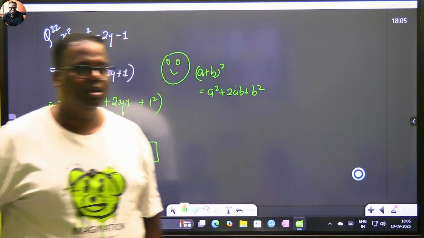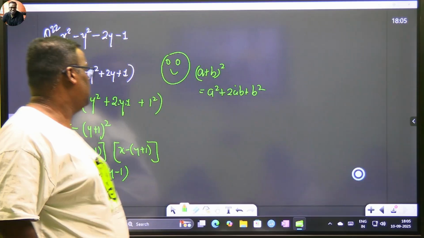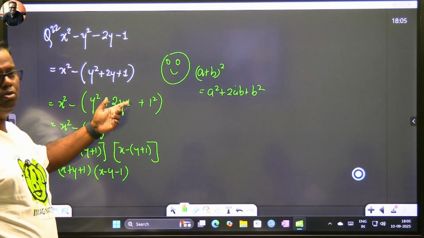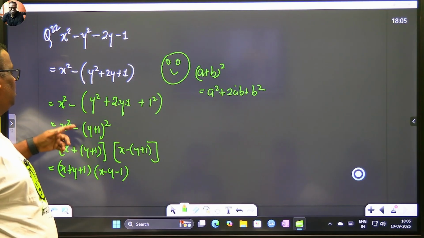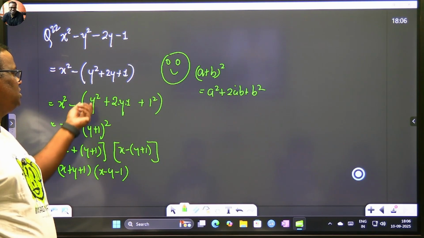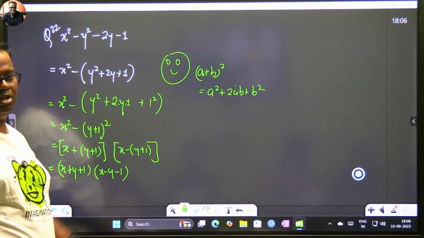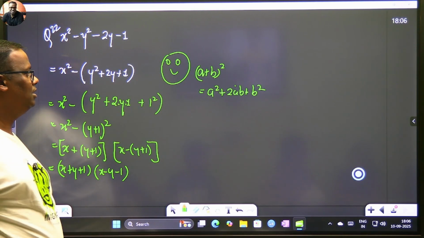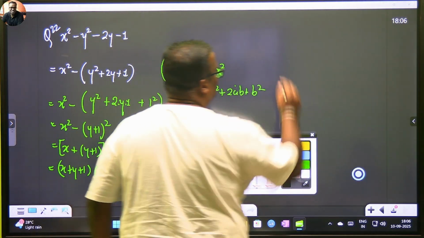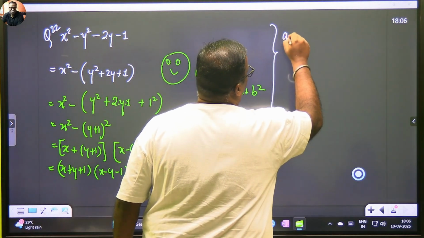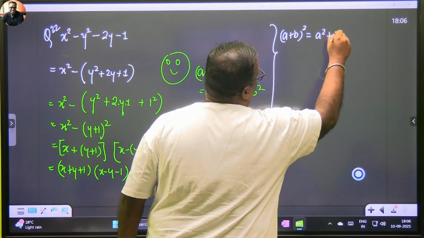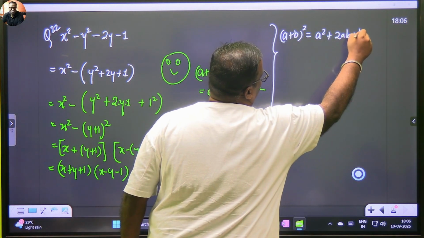Where is the 2y? 2y is the same as 2 into y into 1. A plus b whole square is a square plus 2ab plus b square. Tell me, Abhigya, what is a plus b whole square? Are you satisfied with this?